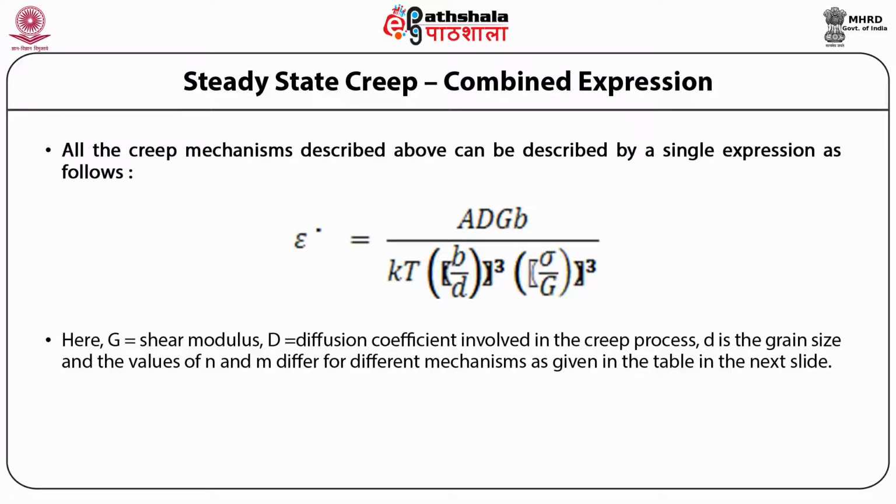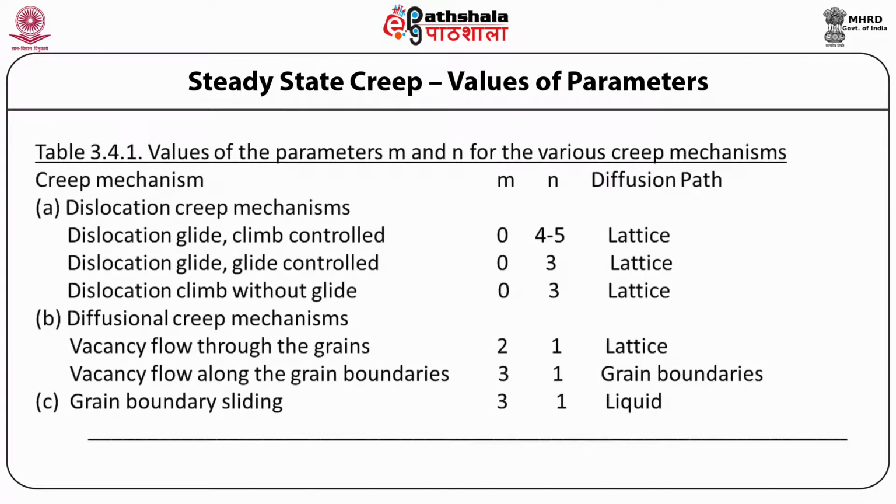the next slide. So this table represents the values of the parameters m and n for the various creep mechanisms. As you can see over here, for dislocation creep mechanisms, the value of m is 0 for all the cases, whereas the value of n varies from 3, 4 to 5.